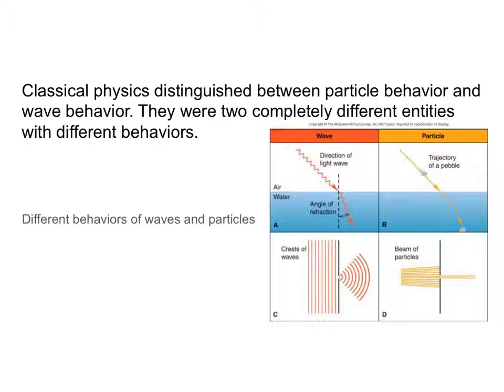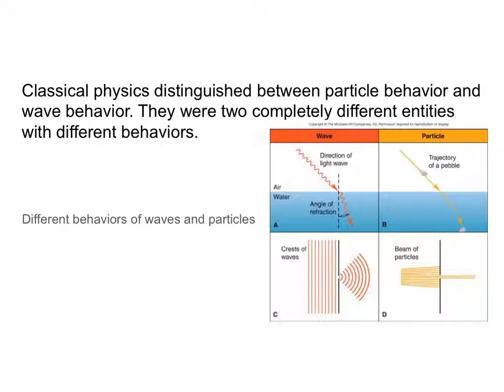So, for example, when an electromagnetic radiation wave goes from one medium, air, to another medium, water, it bends or diffracts. But a particle, a pebble, does the same thing.